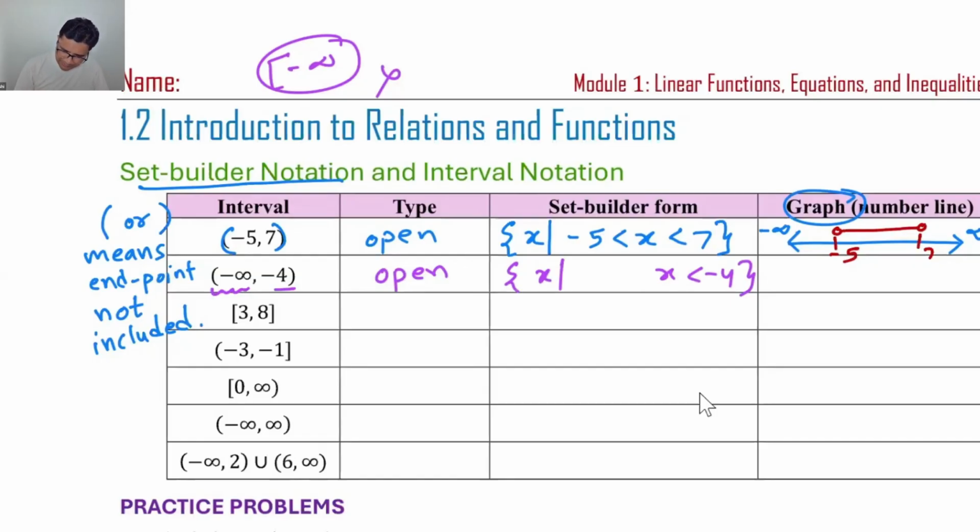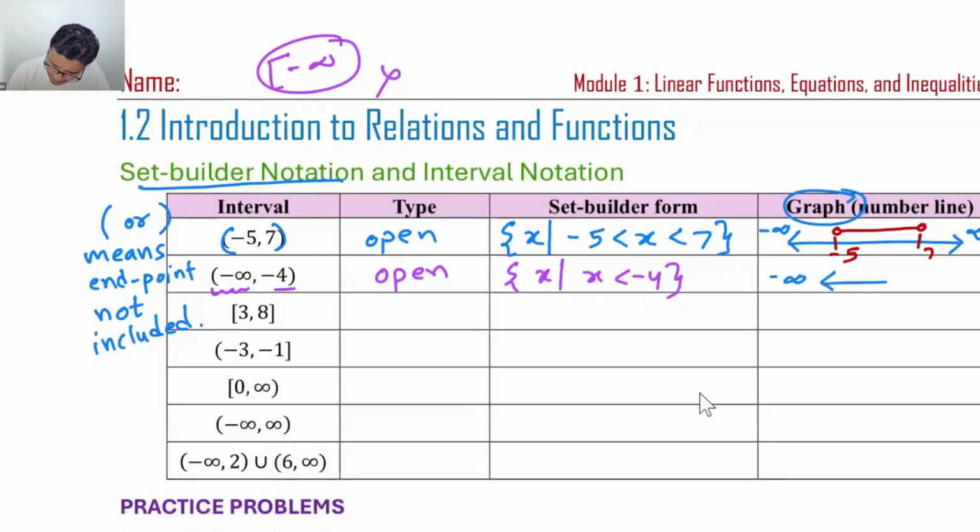And understand that you don't have to say negative infinity is less than x. It is implied. Negative infinity is less than any number. So you can just say x is less than negative 4. Again, it's not incorrect if you write the full thing that I had written before. That's okay. This is shorter and more precise.